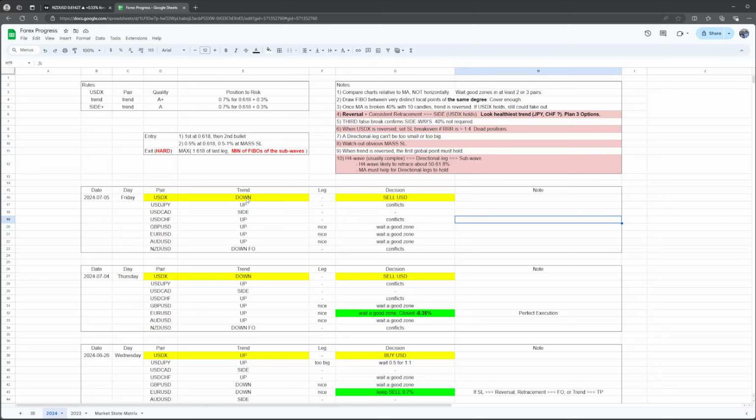Now the USD is getting weak overall, and pound USD, euro USD, Aussie are supporting the story that USD is getting weak. So we just have to patiently wait for pound, euro, Aussie to retrace into a good zone, and if they retrace into a good zone, we will sell USD.